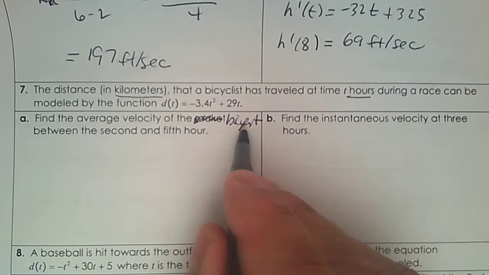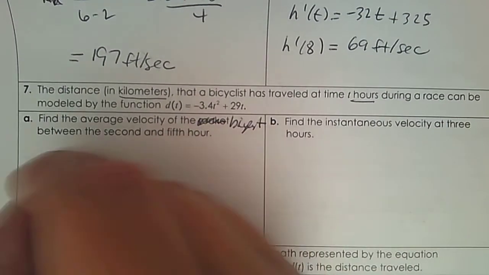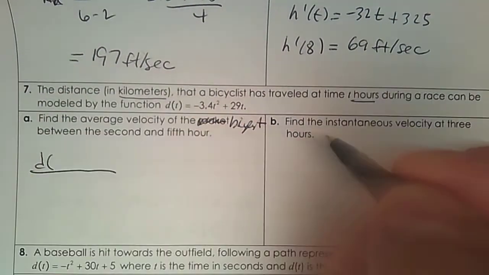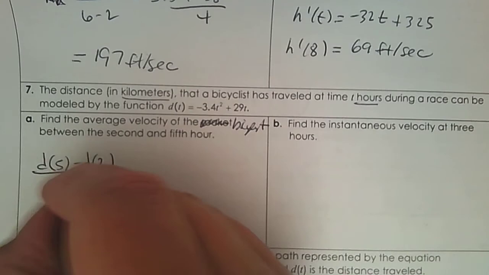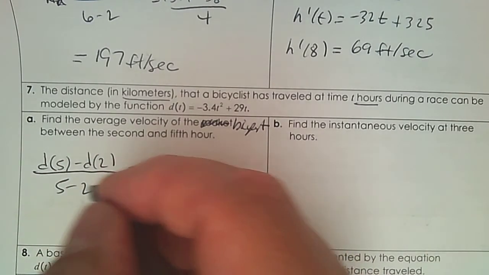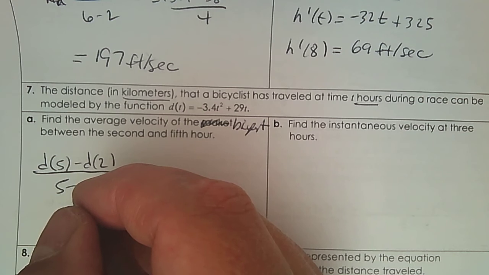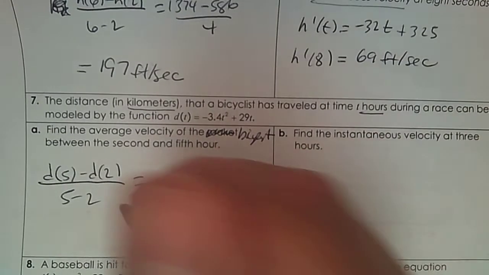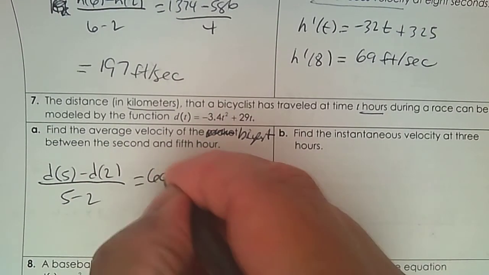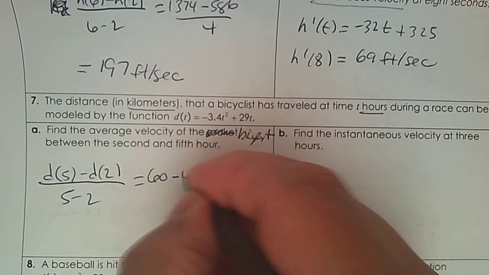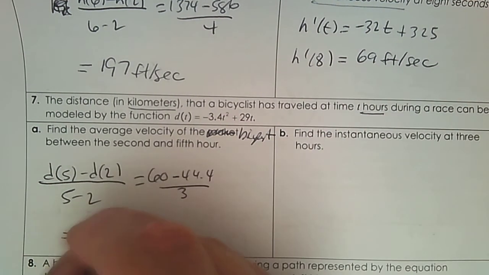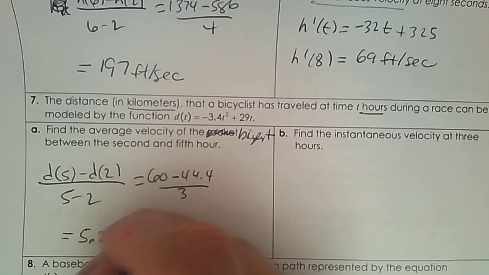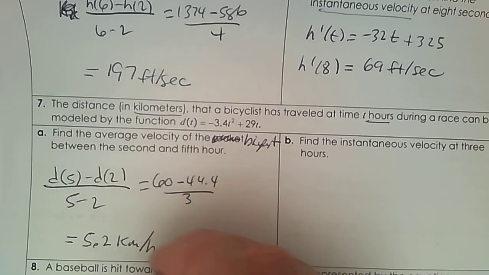To find that, that's d at 5, subtract d at 2, and then 5 take away 2. If you plug in 5, that should give you 60. Plug in 2, 44.4, divided by 3. Altogether, that's an average speed that's really slow, 5.2 kilometers per hour.